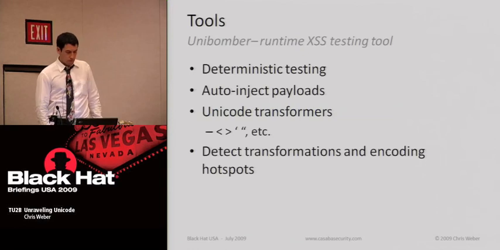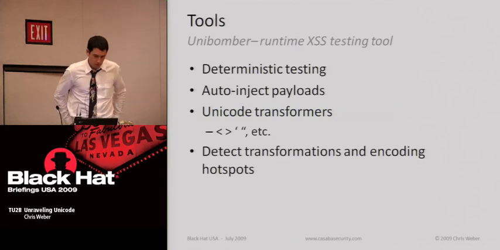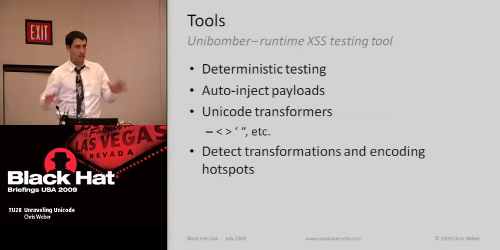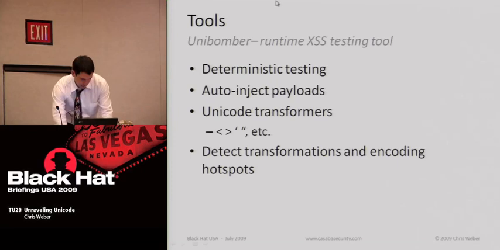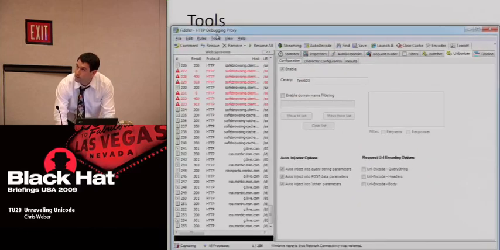There's another tool I wanted to mention that I was going to demo here today, and this is our runtime cross-site scripting testing tool. This is the one that's really deterministic. We control the payloads. We can also detect based on canaries that we inject. I'll just bring that up real quick so you can see it here. Okay, so here's a view.